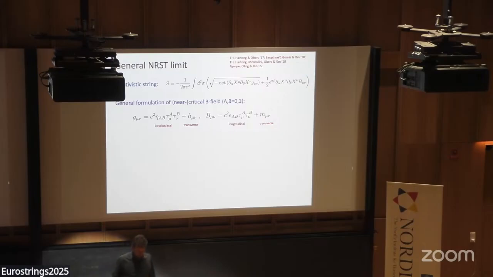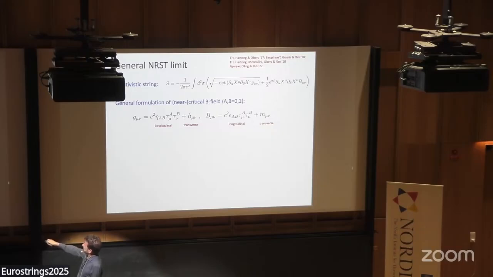This was the story 25 years ago. Since then, we have learned a bit more about how to take this limit more generally, not just around flat space, but you can also do it basically in a general curved background. There are some details here, but they are not so important; that's more if you really want to work with it.